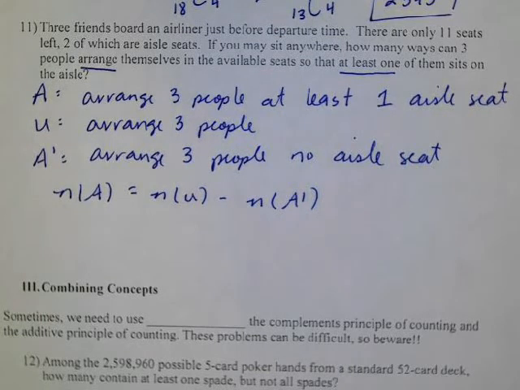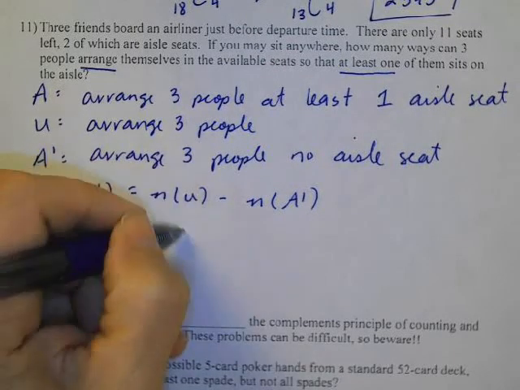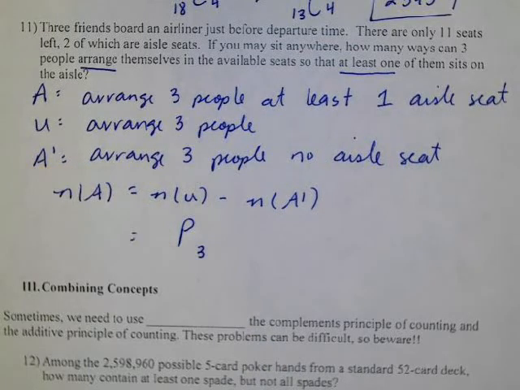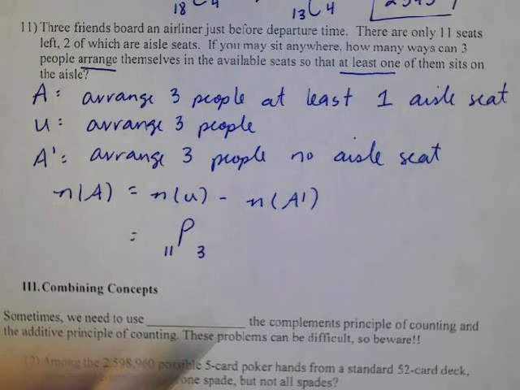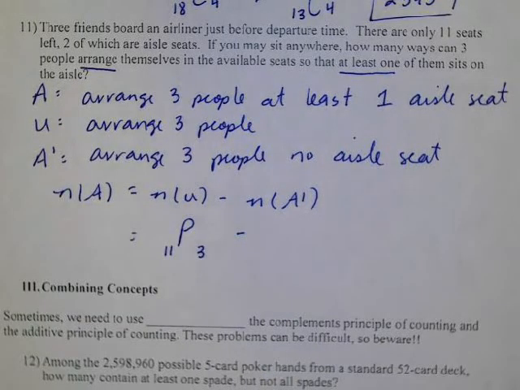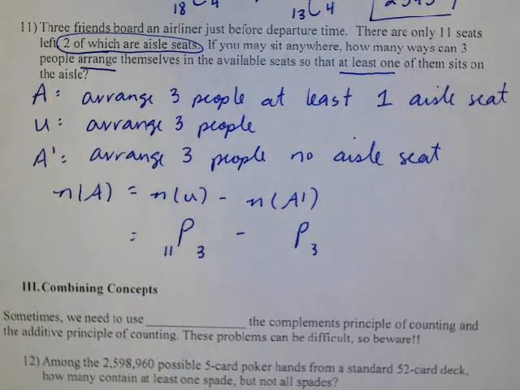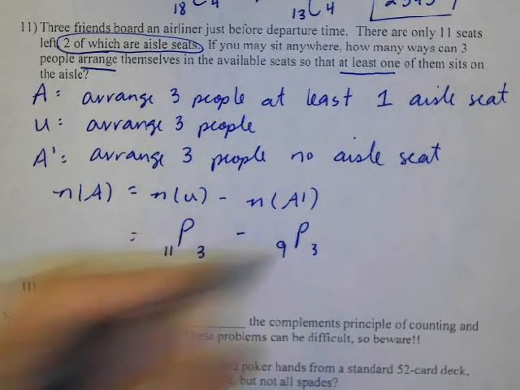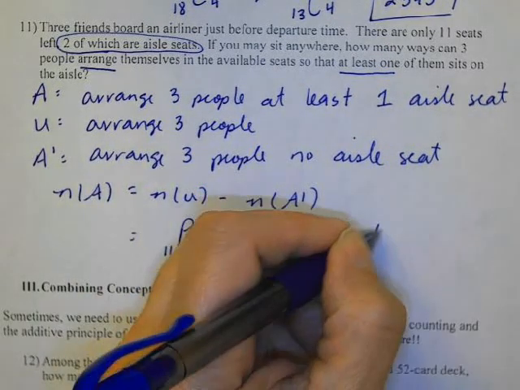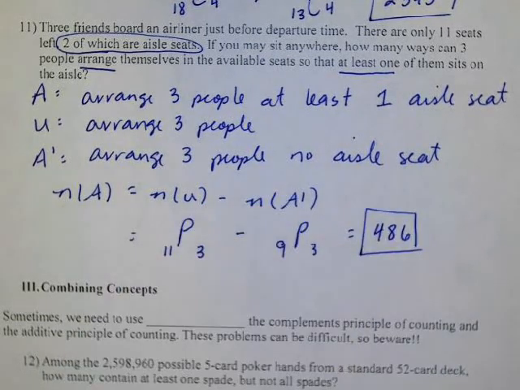It also means that repetition is not allowed. So it is a permutation. We need to sit 3 people down where order matters. Well, how many seats are there if U is arrange them in any seats available? 11. So 11 P3. Minus A prime is arrange 3 people. So it's still P3. But no aisle seat. Well, how many aisle seats did it say? It said there were 2 aisle seats. So those are off limits. We can't use them. So that makes our 11 become 9. We do our calculator work and we get 486 as our answer.